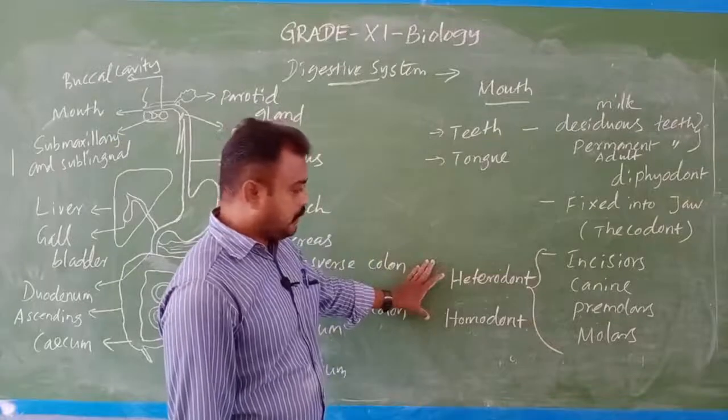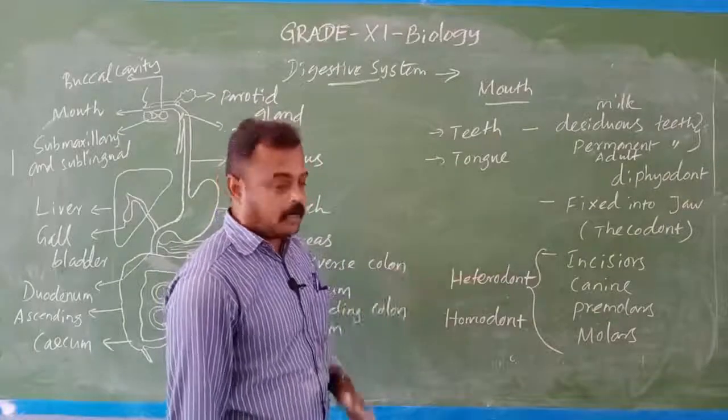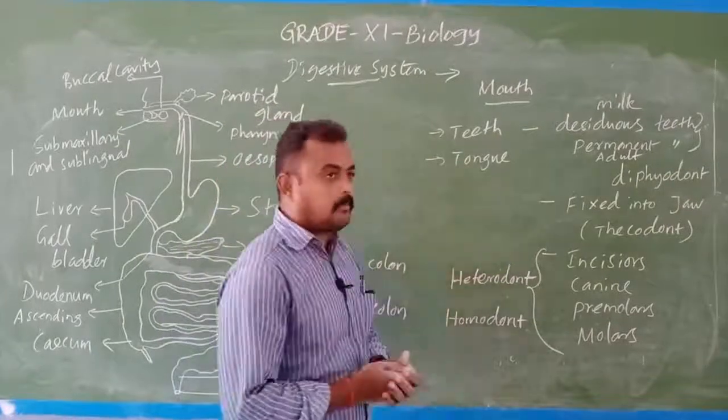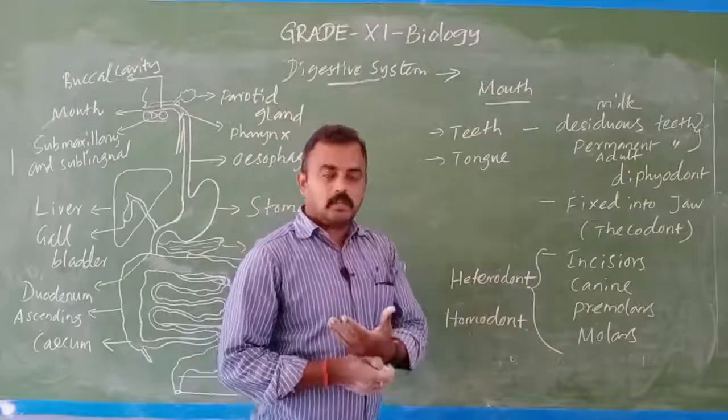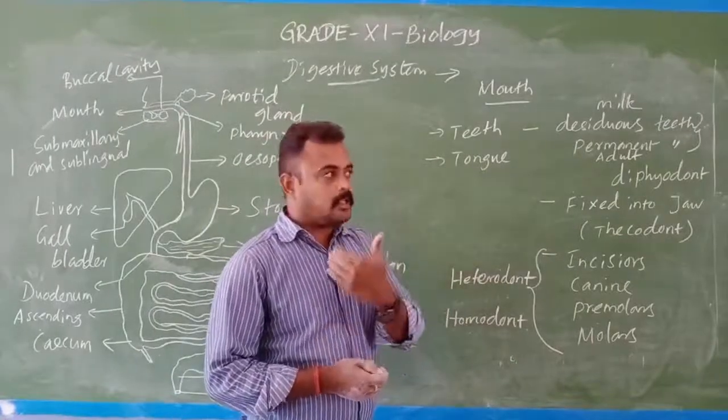Then the next one, teeth formula. If you go for the teeth formula, you take half of the jaw from the lower jaw and upper jaw.